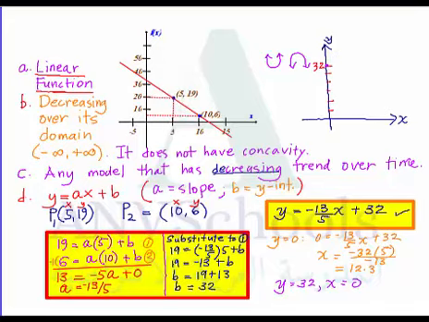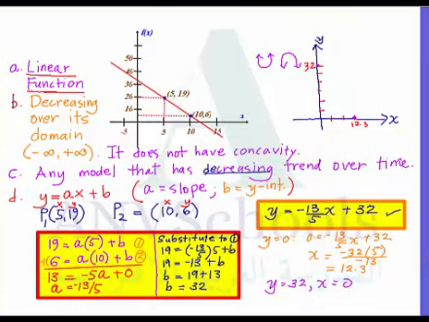And also our x-intercept is 12.3. So let's say here 12.3. So this is our x-intercept. Okay. And then let's just connect the 2 points together.